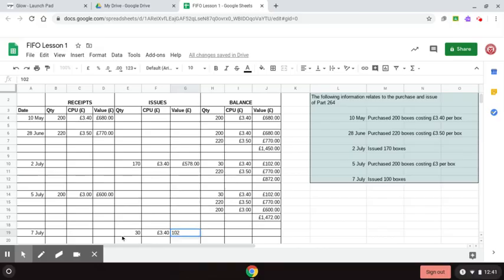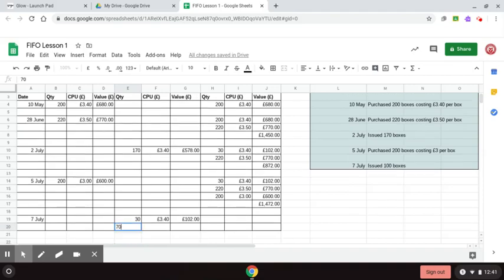And in order to make up the 100, I need to issue another 70, and I'm going to issue 70 at the value of £3.50, and that makes us up to 100. Okay, so I'm issuing 30 at £3.40 and 70 at £3.50. So when I'm looking at my balance, I've used up all of that.